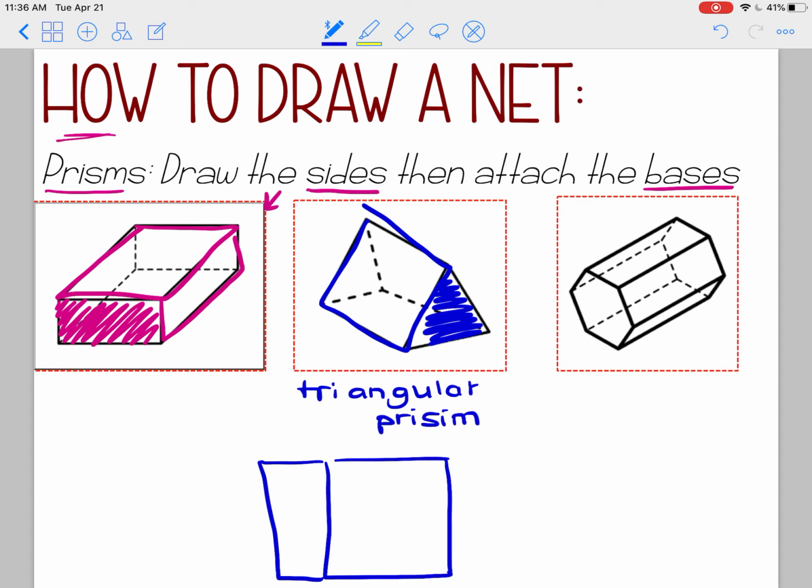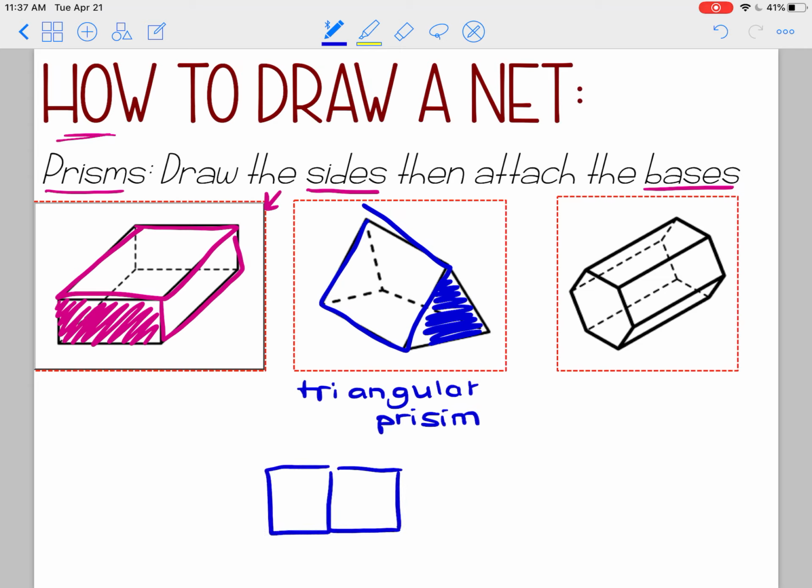I'm going to erase that real quick because I won't have room to put my top and bottom. Anyway, we draw our three rectangular sides first, and then we attach our triangular bases, so that it kind of looks like a tent. If we laid our tent out flat, we would have our three rectangular sides and then our two triangular bases. That is our triangular prism.